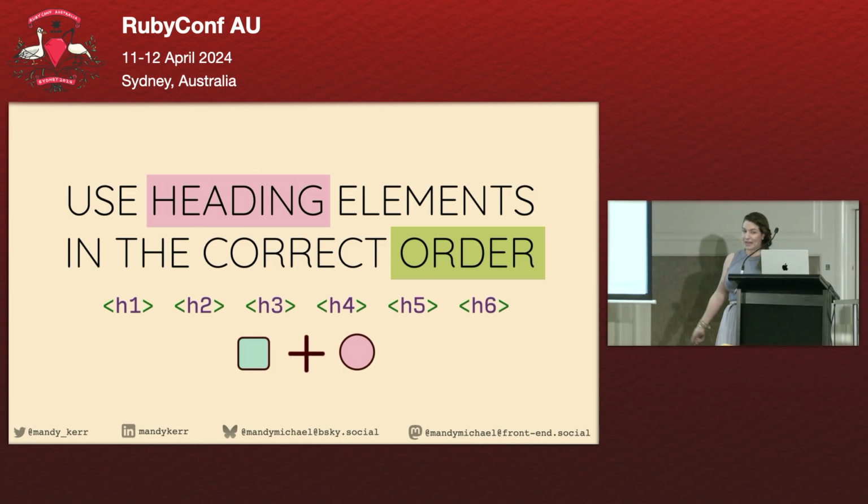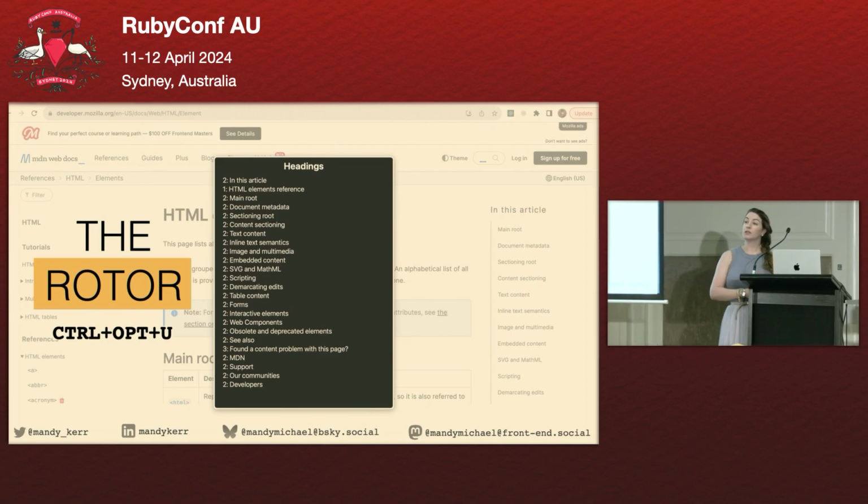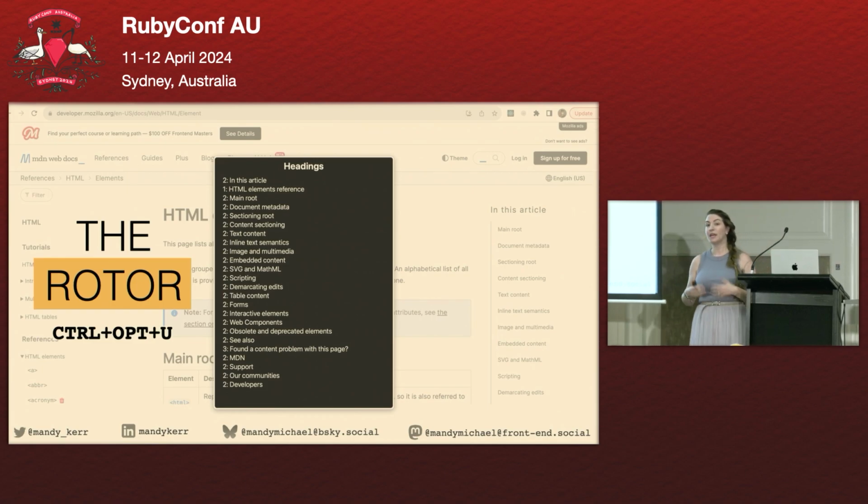But importantly, they're very important for accessibility because users using assistive tech use headings typically to navigate the page via tooling. And that might be with keyboard shortcuts through a screen reader, or something like the rotor, which is up on screen, which is kind of like a table of contents.